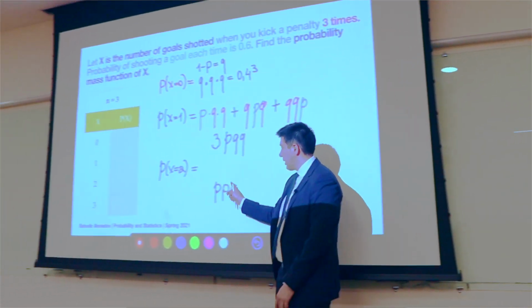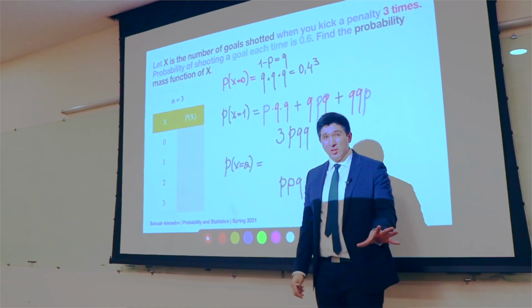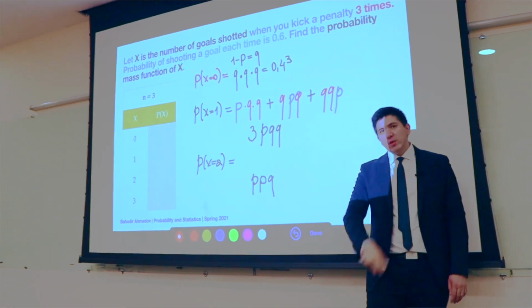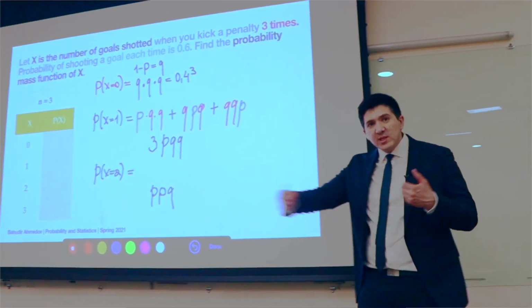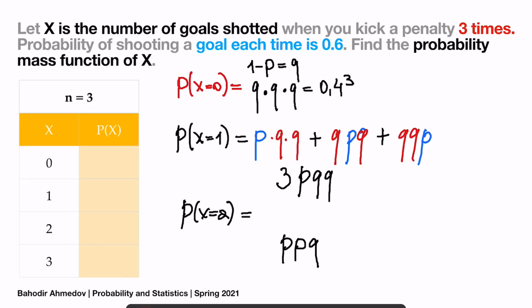So this multiplication and this multiplication are always going to give you the same result. So the only question is, how many different rearrangements are possible of this sequence of the p's and q's? Okay? So let's do this. It is going to be p, p, q, or p, q, p, or q, p, p, right? So there are 3 cases.